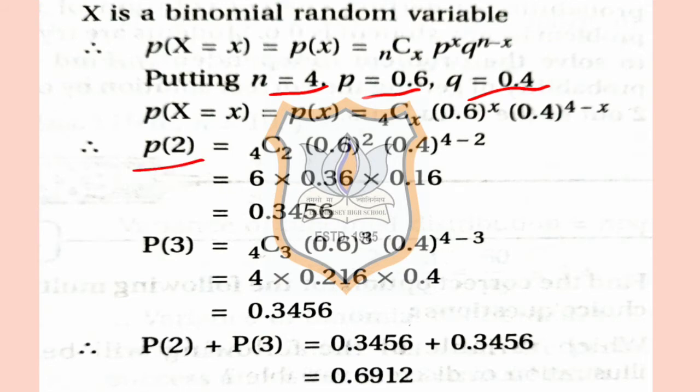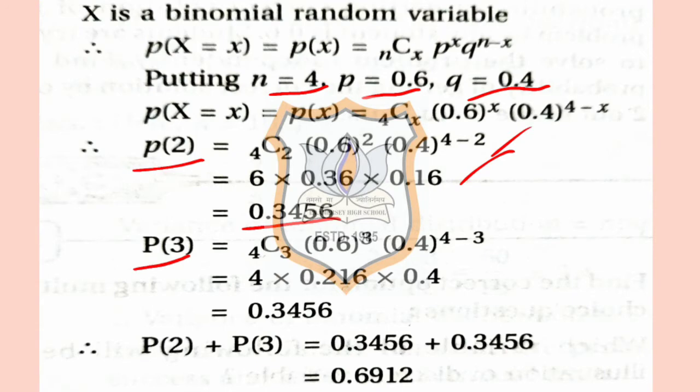P2 will be 4C2, 0.6 to the power 2 into 0.4 to the power 4 minus 2. 4C2 is 6, 0.6 to the power 2 is 0.36 and 0.4 square will be 0.16. So 6 into 0.36 into 0.16 is 0.3456.